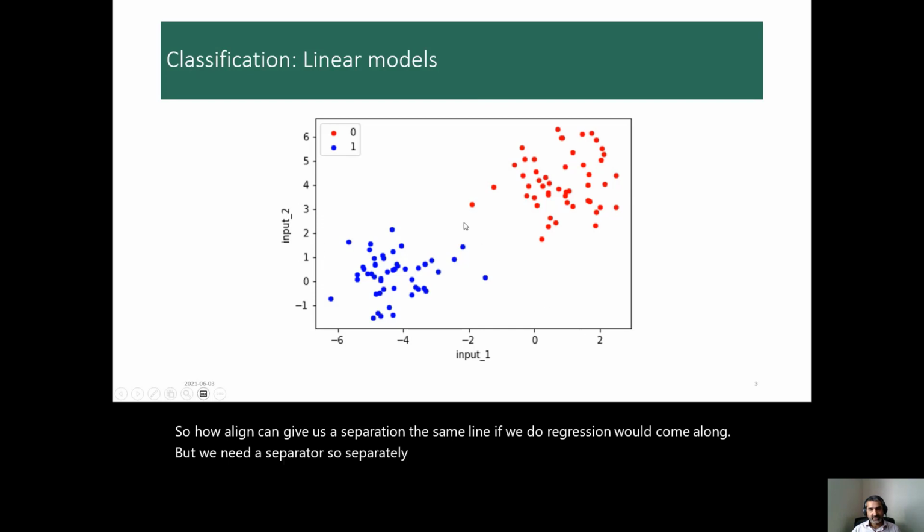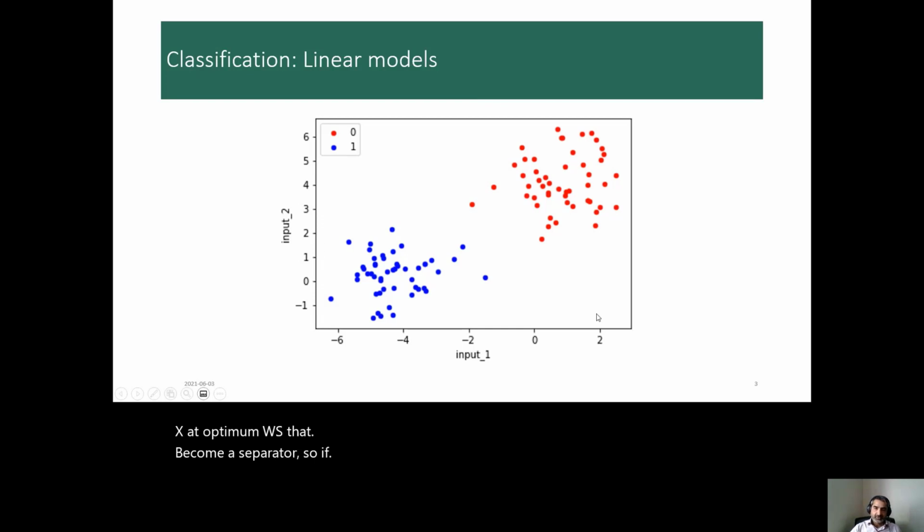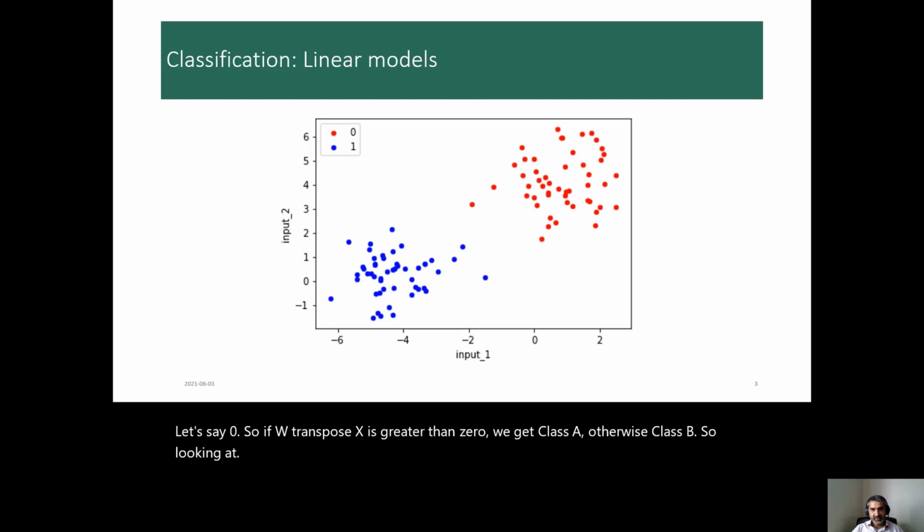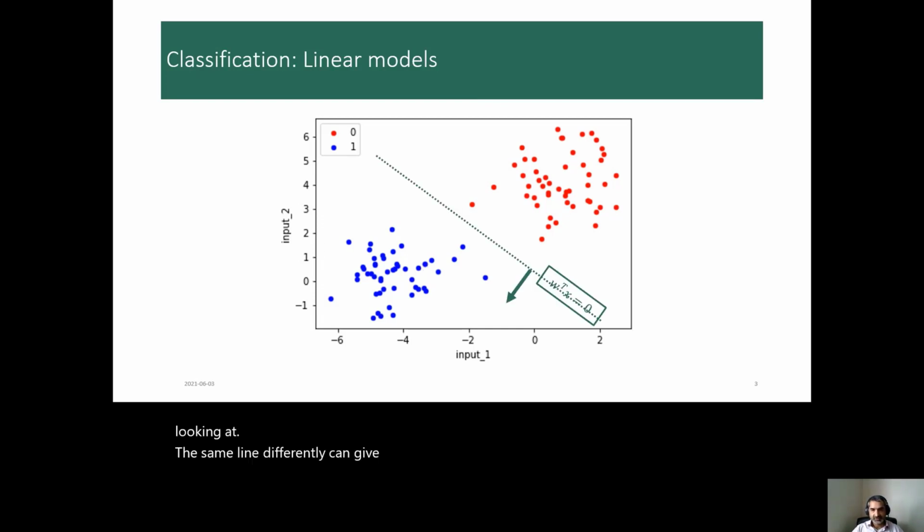So we want to find optimum W's in W transpose X that become a separator. Suppose we know the threshold, let's say 0. If W transpose X is greater than 0, we get class A, otherwise class B. So looking at the same line differently can give us a binary classification solution.